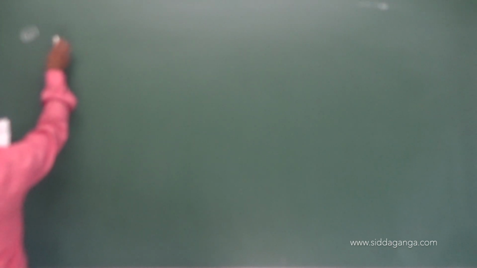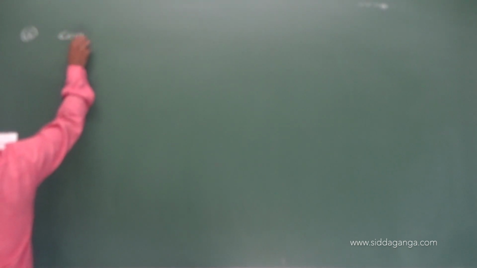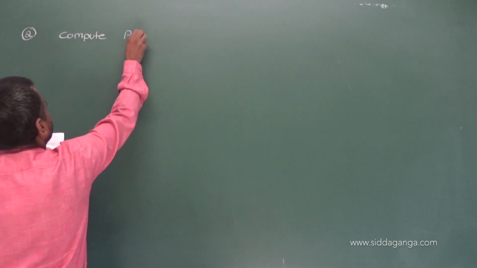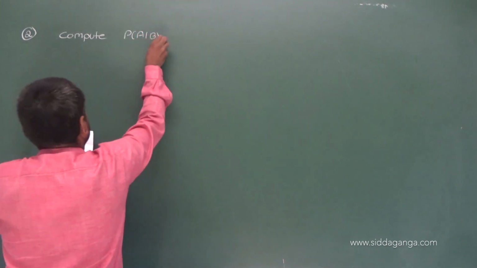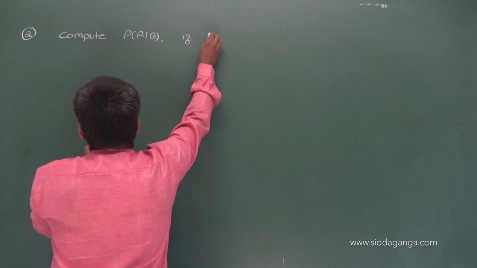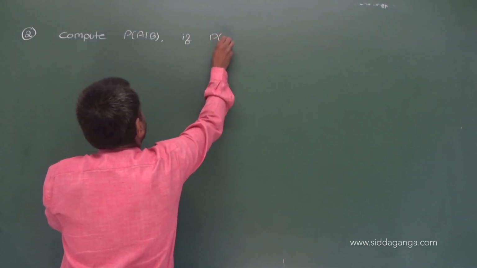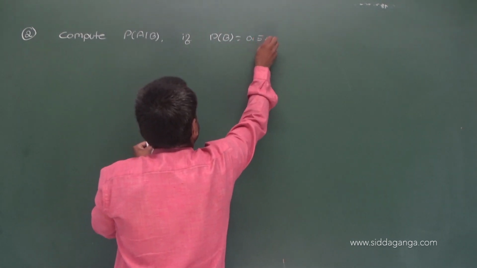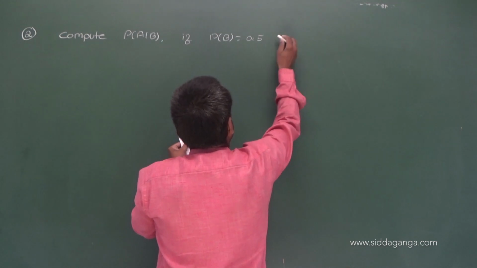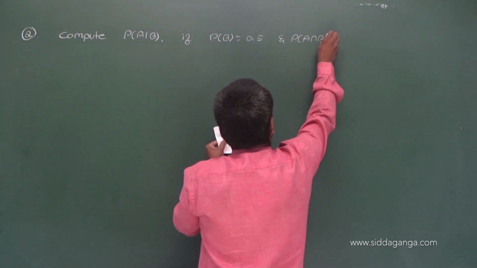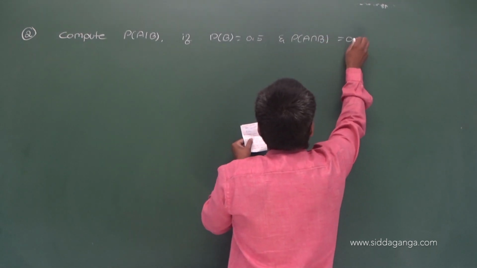Second problem, compute P of A given B, if P of B is 0.5 and P of A intersection B is 0.32.